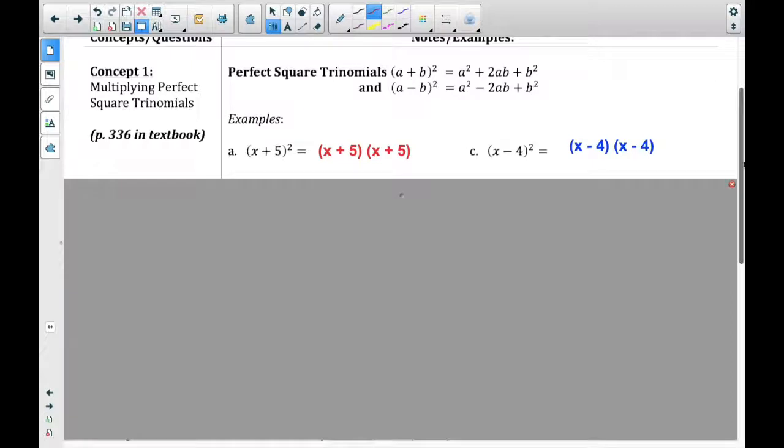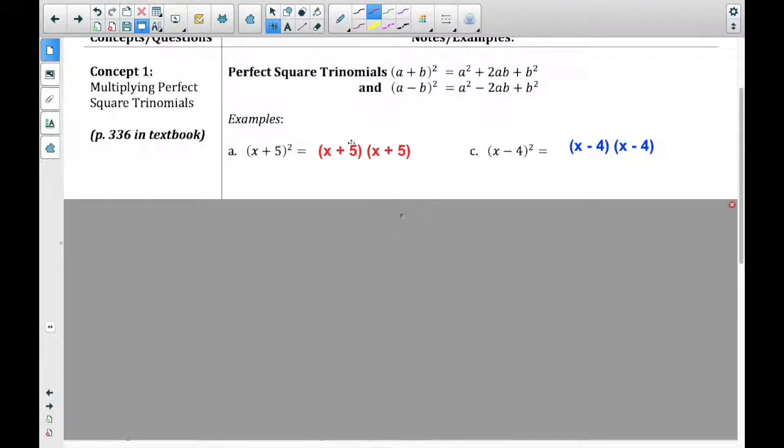Okay, the first concept that we're going to talk about is when you have a perfect square trinomial. In this case, we are multiplying. In other words, we're starting out with a binomial, and it is squared. Squared means anything times itself. So if it says x plus 5 quantity squared, what that really means is x plus 5 times x plus 5. And again, there doesn't have to be a special rule to it. You can just go through and do it the way that we've been doing it.